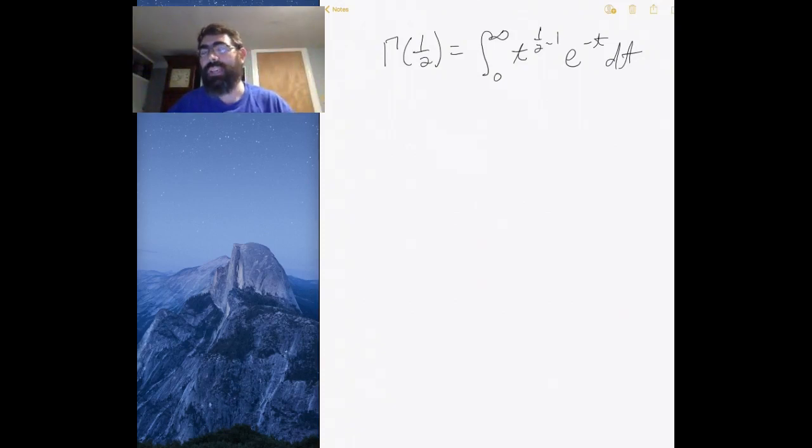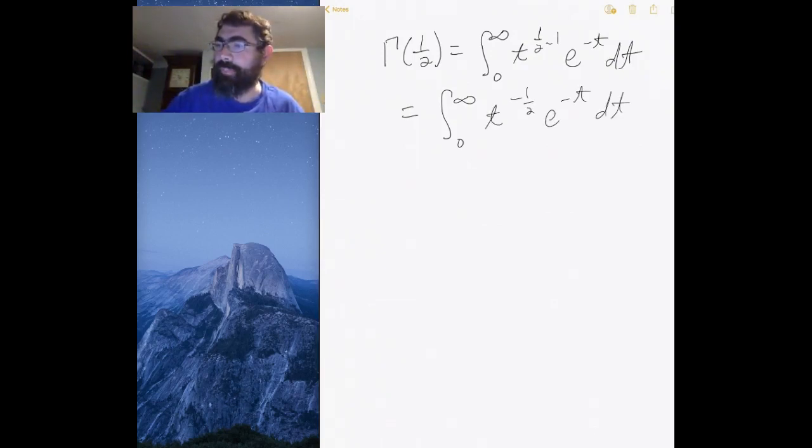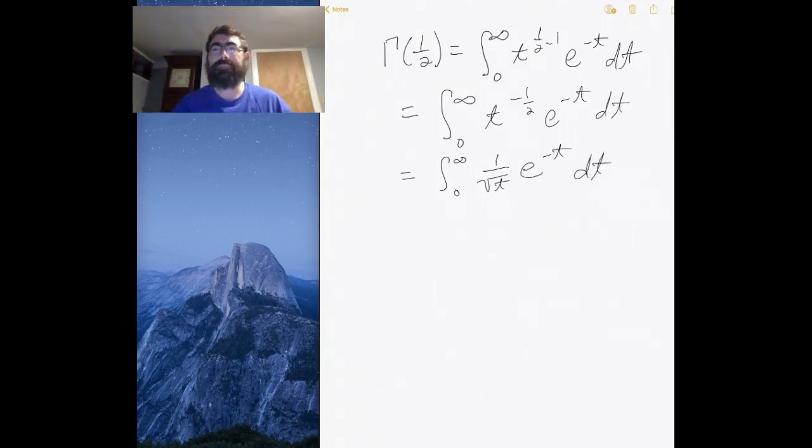Now I'm switching to t, because in a minute we're going to do a change of variables and do a bunch of substitutions. But in the end, that's just a variable in the integral. So if we continue on, what we have is the integral of t to the minus 1/2 e to the minus t dt. And that gives us the integral of 1 over the square root of t e to the minus t dt.